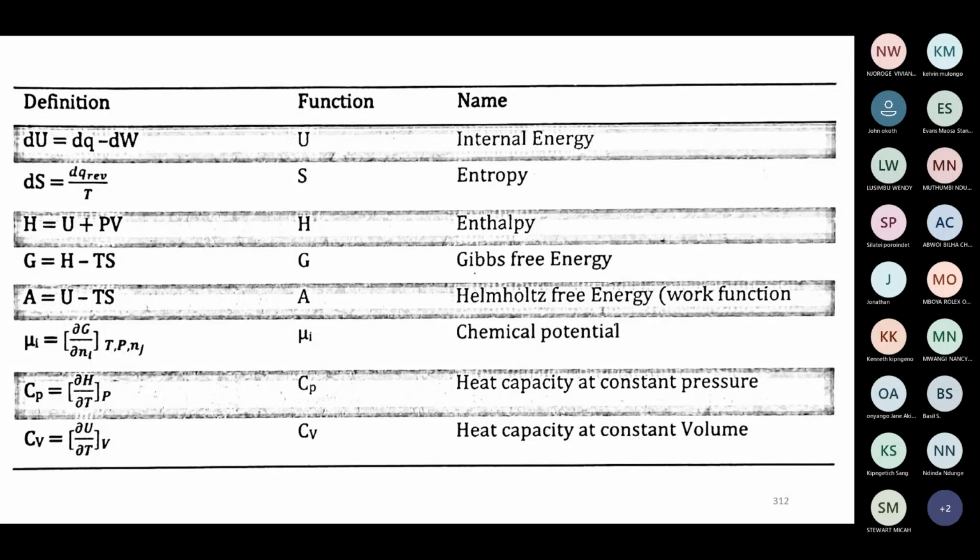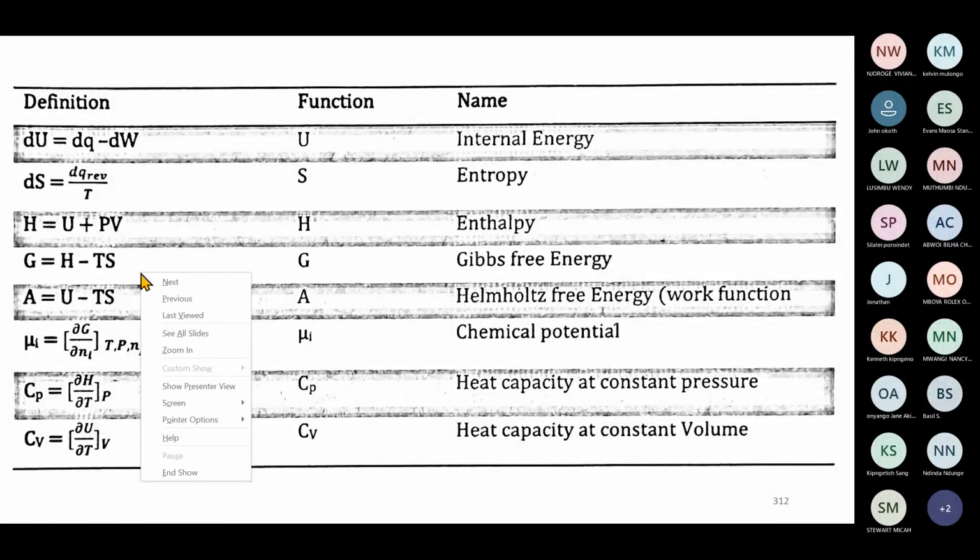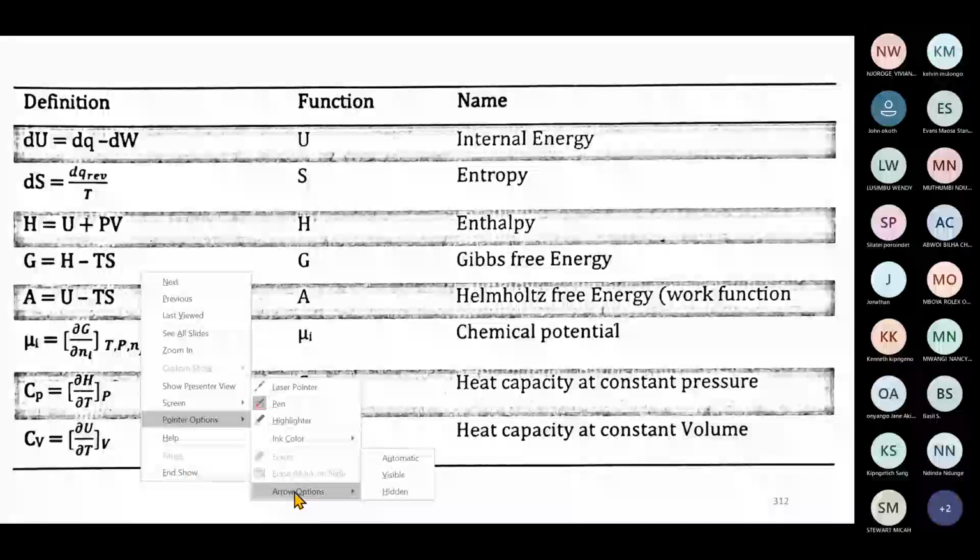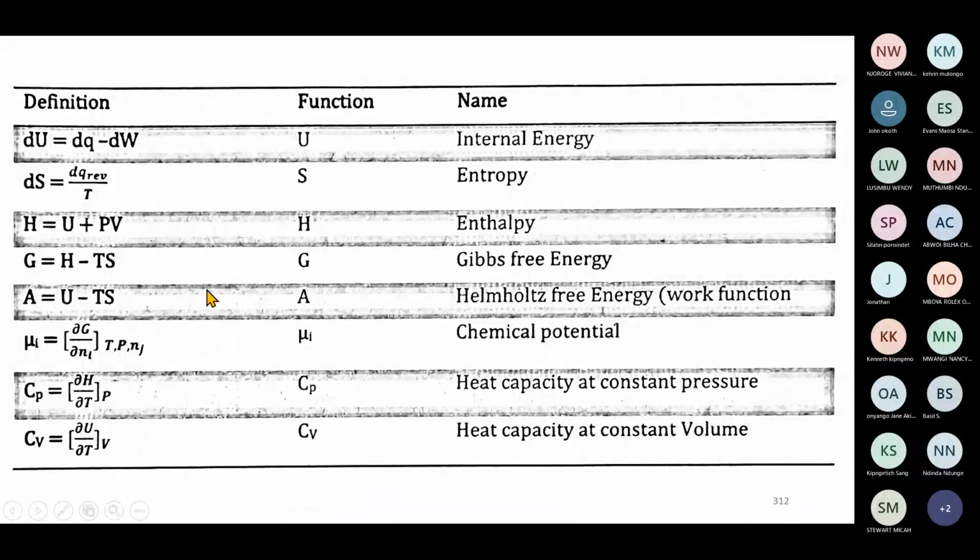We have also defined Gibbs free energy, G, which is given by H minus TS. Then we have Helmholtz free energy, which is also referred to as the work function. That is A, given by U minus TS.